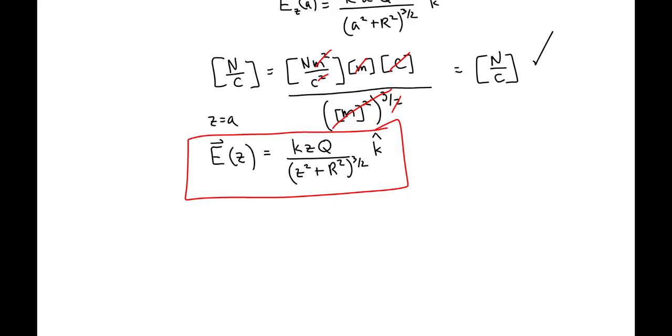You're probably wondering, why did we express this in terms of Z when part A says find the value of the electric field at the origin, and part B says find the value of the electric field infinitely far away?